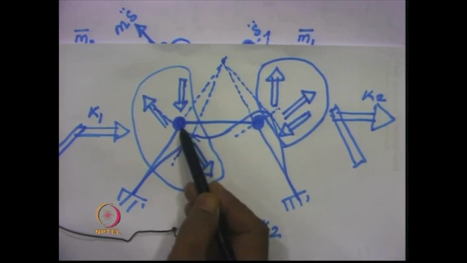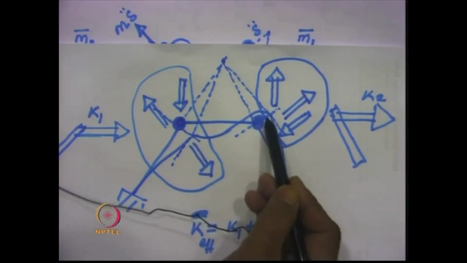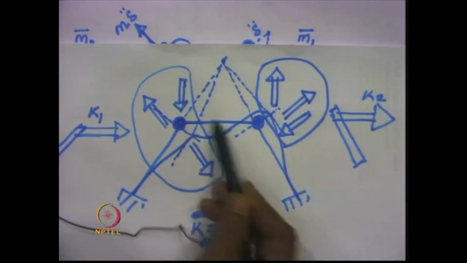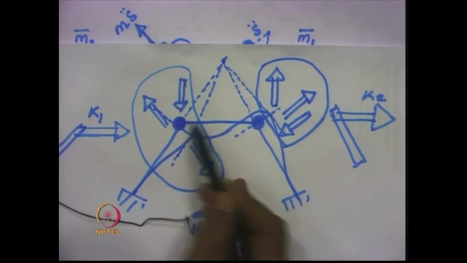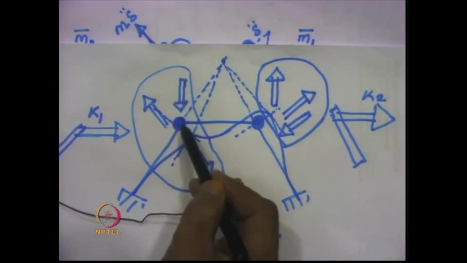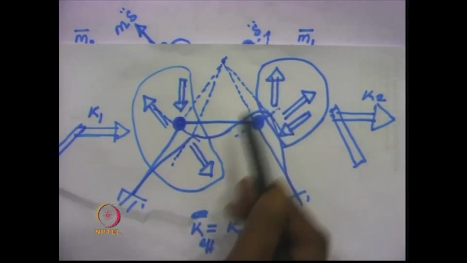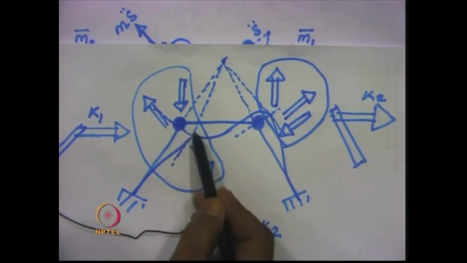In this beam, the relative displacement in the vertical direction between these two points can be worked out from the knowledge of this and this, and for that relative displacement we will have a shear force acting in this direction and a shear force acting in this direction, and there will be a rotation also.